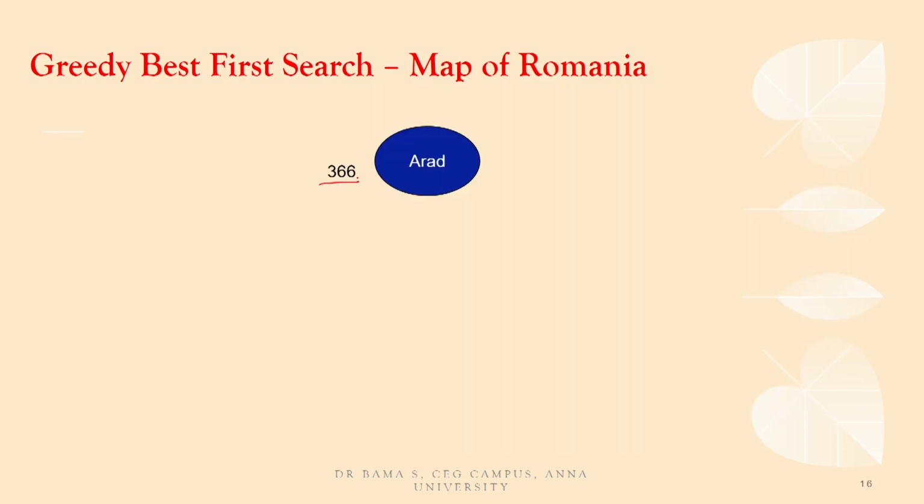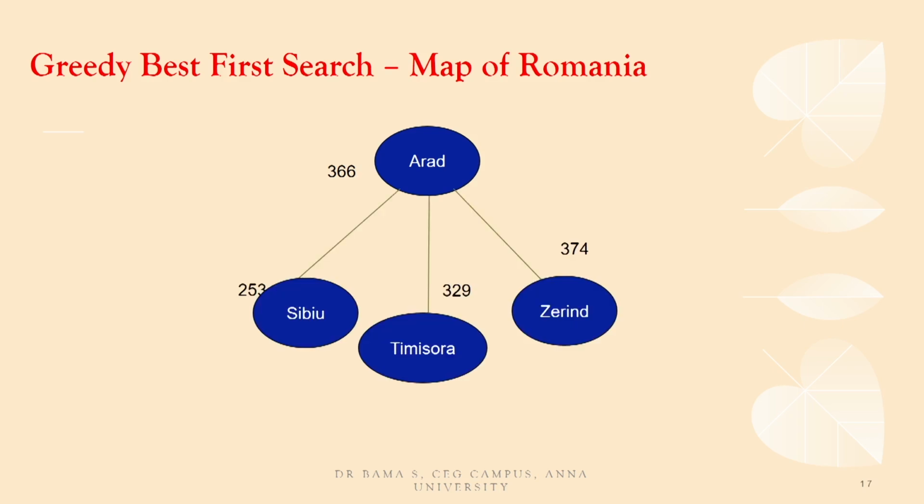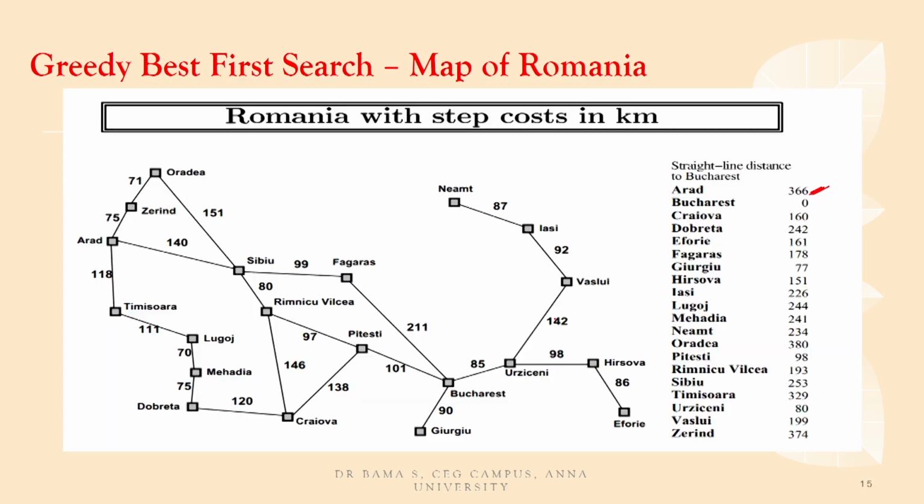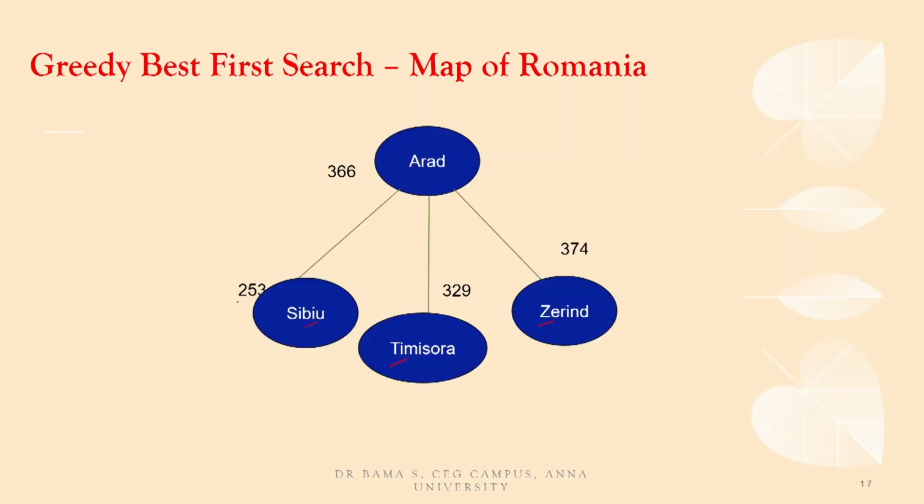The branches it gives out are the 3 cities starting with S, T and Z, along with the values 253, 329 and 374. Now, the minimum cost, using the priority queue, is 253, which is the city of Sibiu.